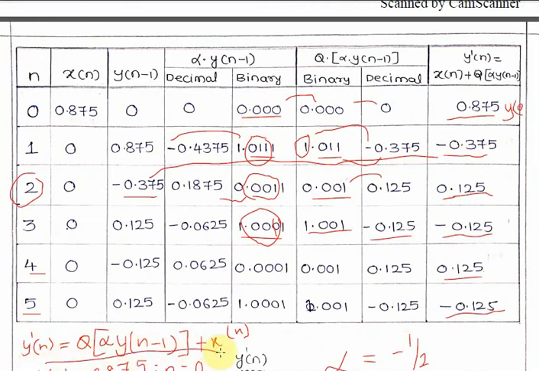In recursive systems, when input x of n is constant or 0, non-linearities due to finite precision arithmetic operations, here the multiplication operation where we do quantization to fit in a finite word length register, will occur. Because of these non-linearities, the output will repeat periodically. These oscillations are called limit cycle oscillations.